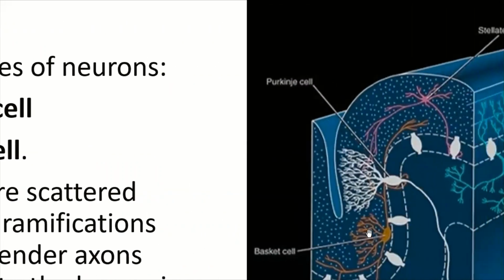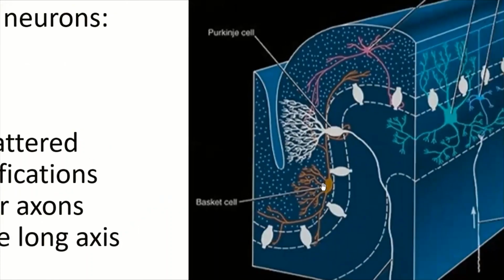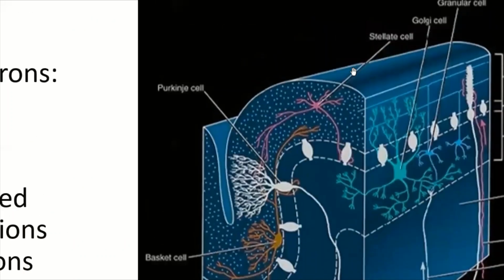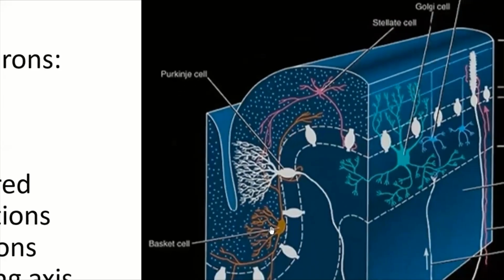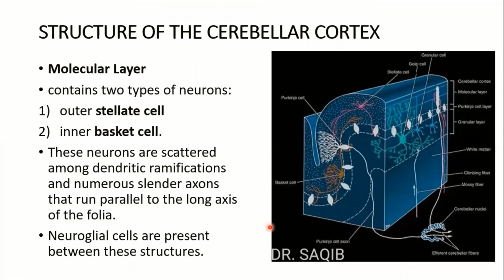This whole layer, from here to here, is our molecular layer, right? These are the two types of cells present in the outer molecular layer.